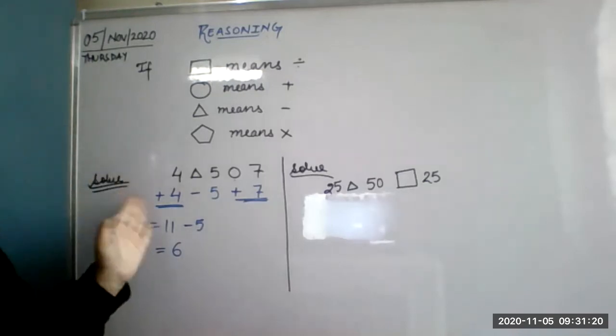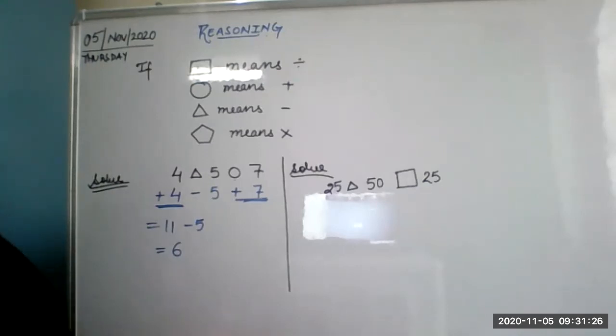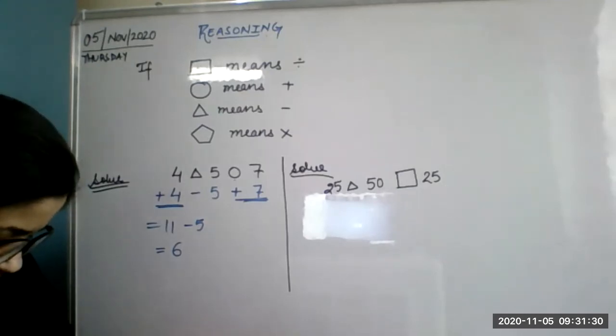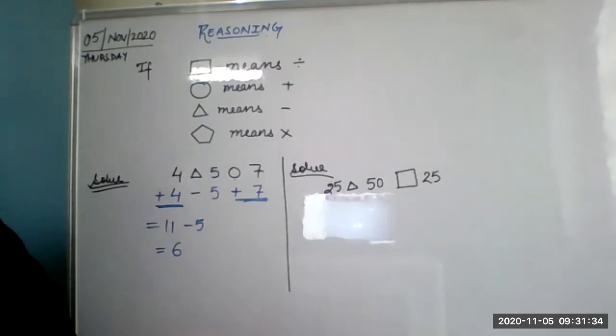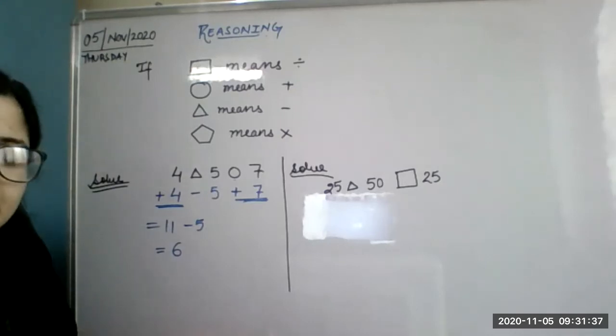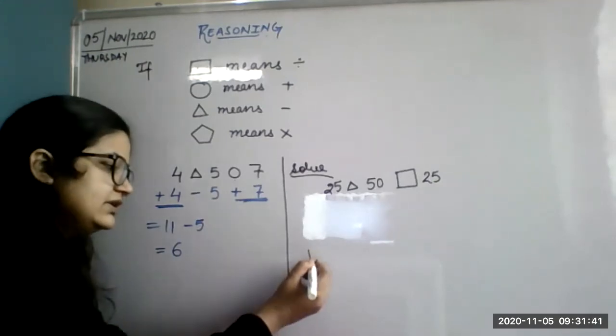First of all, write like this, then apply BODMAS. Whenever you start solving, solve with BODMAS. 1? No, not at all. Because you are not following BODMAS, that's why you are getting the answer as 1, and that will be wrong. Those who are getting the answer as 1 are wrong.